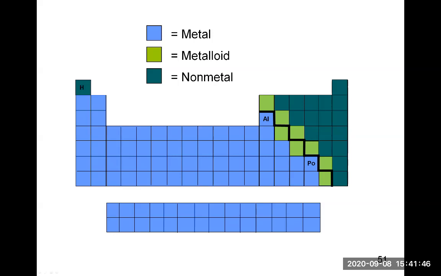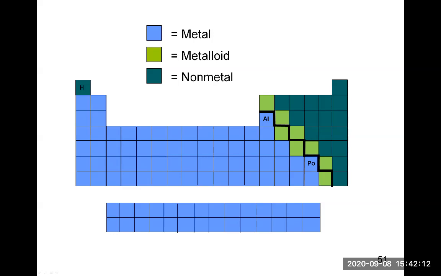Here are the non-metals. And on that line, there are elements that are in between metals and non-metals in properties and behavior, and so we will call them the metalloids. So metalloids are elements that touch the stair-step line.